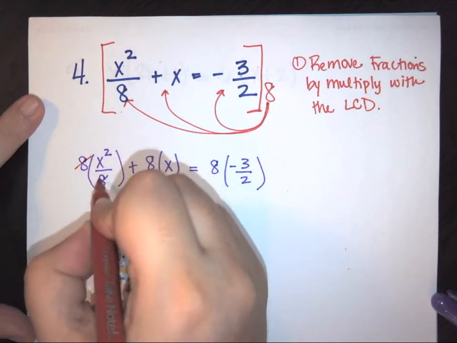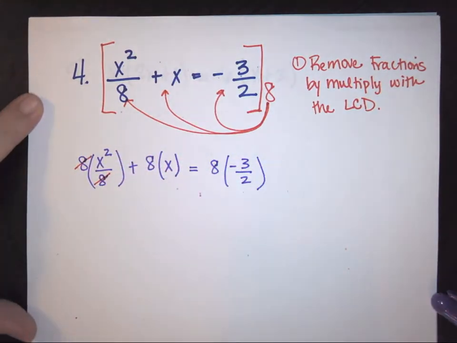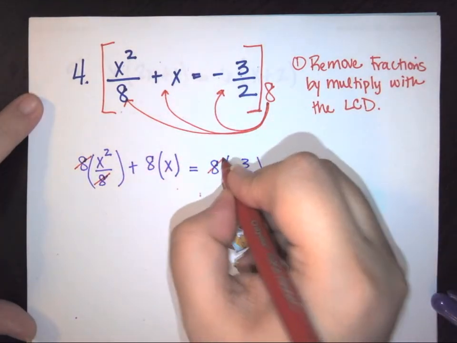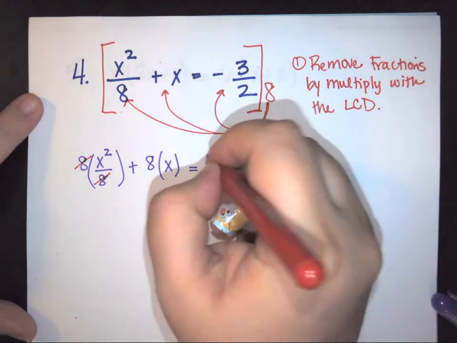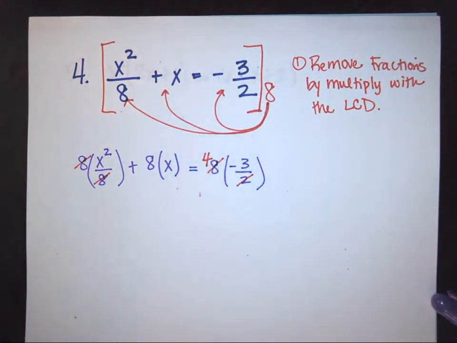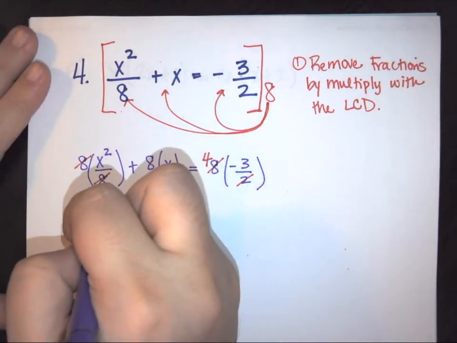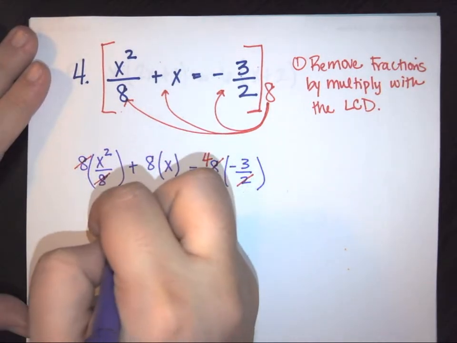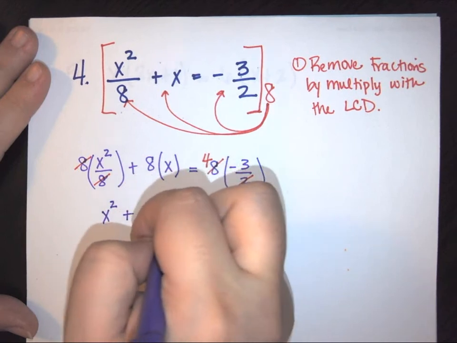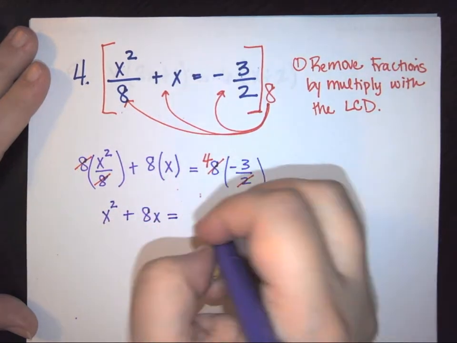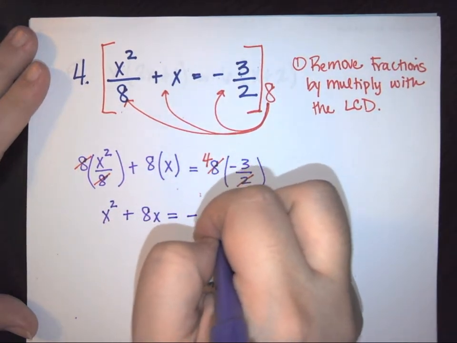So in this first fraction, my 8's are going to go away. And in this back fraction, my 8's are going to go away, and this is going to leave behind a 4. So here I'm going to have x squared plus my 8x is equal to 4 times negative 3 is a negative 12.